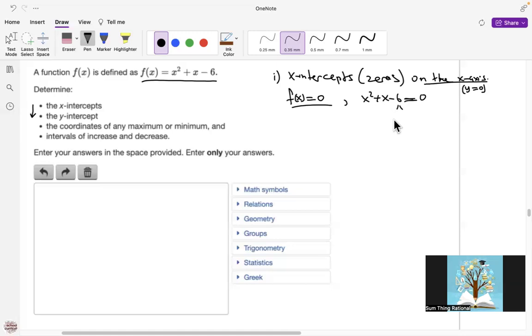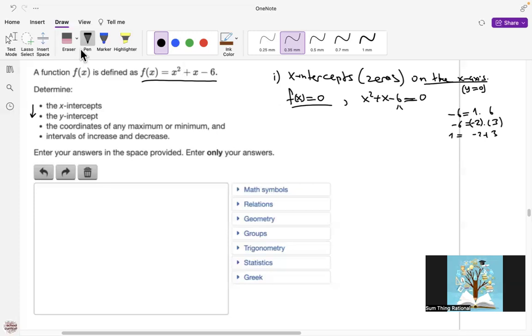You can just guess the factors of 6, like 2 and 3. As you see, 2 and 3 have a difference of 1, and their multiplication is 6, but their addition is 5. So you can put a negative in front of 2 and take 3 as positive, which means -2 and +3: multiplication is -6 and addition is +1.